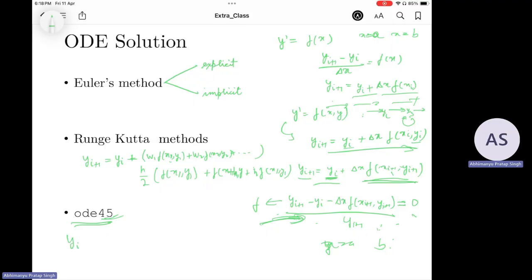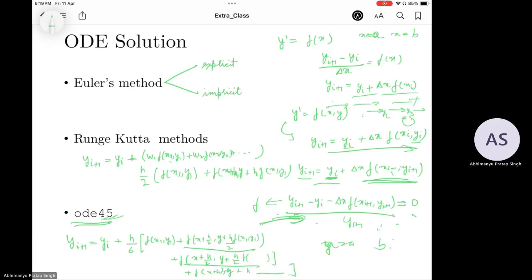So for RK4, the step is h by 6, and then we have f of xi, yi, plus f of xi plus h by 2, y plus h times f of x1, y1 by 2, and then f of x plus h by 2, y plus h by 2, and f of this term over here, and last we get x plus h, and then y plus h times this whole term over here. Okay.